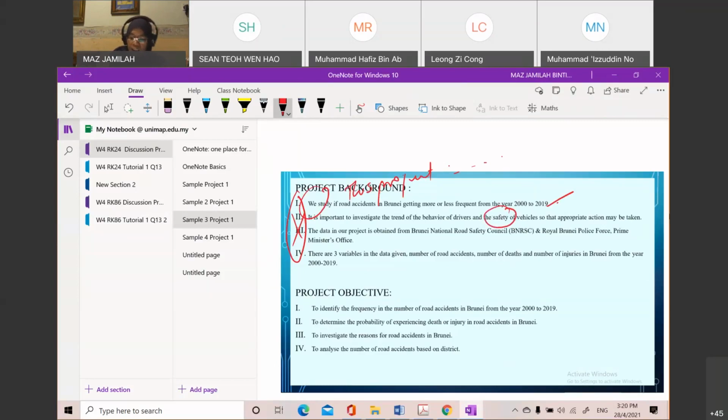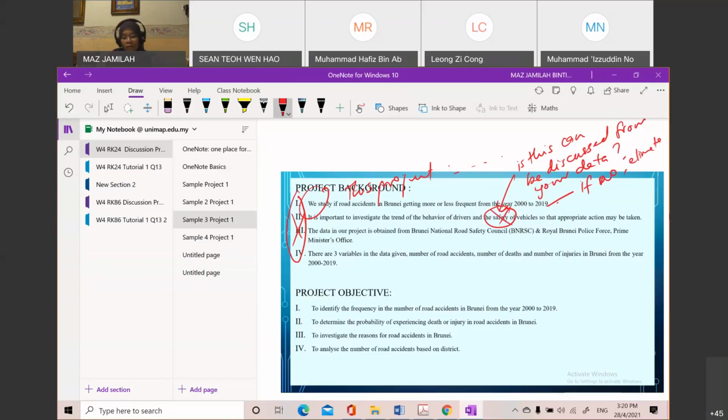What are you talking about with safety? Can safety be discussed from your data? If not, eliminate it.